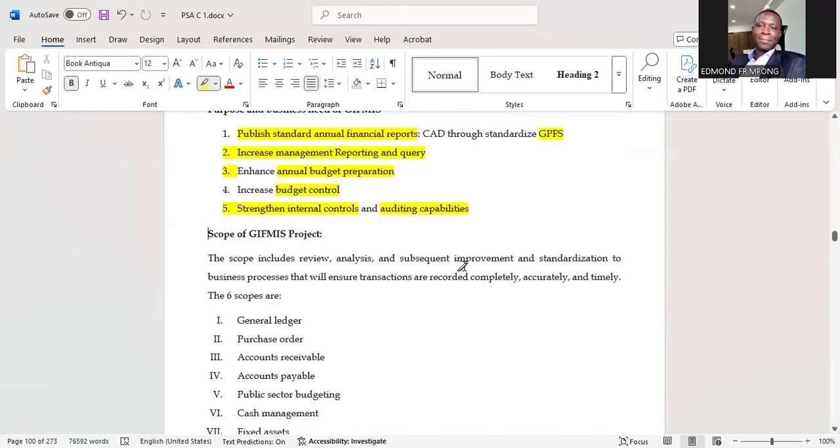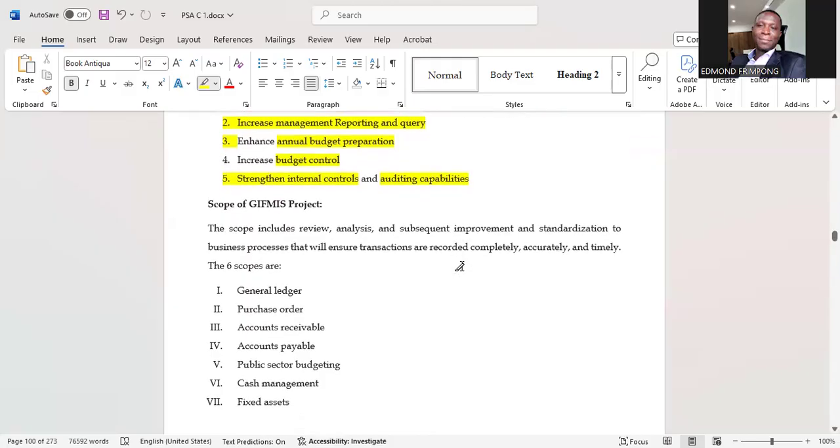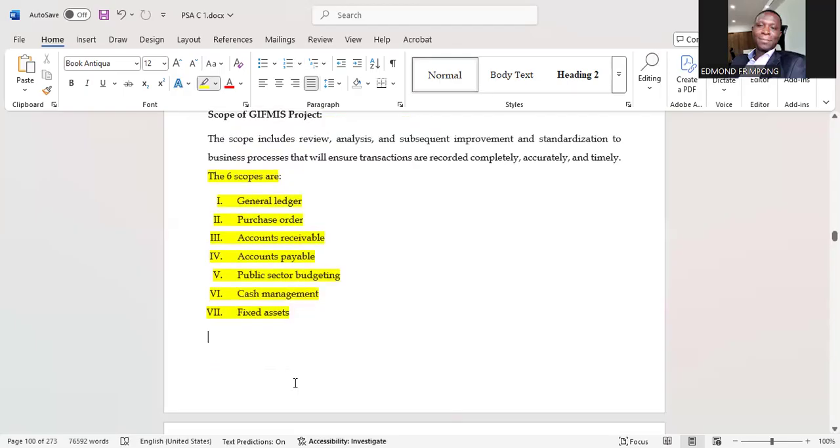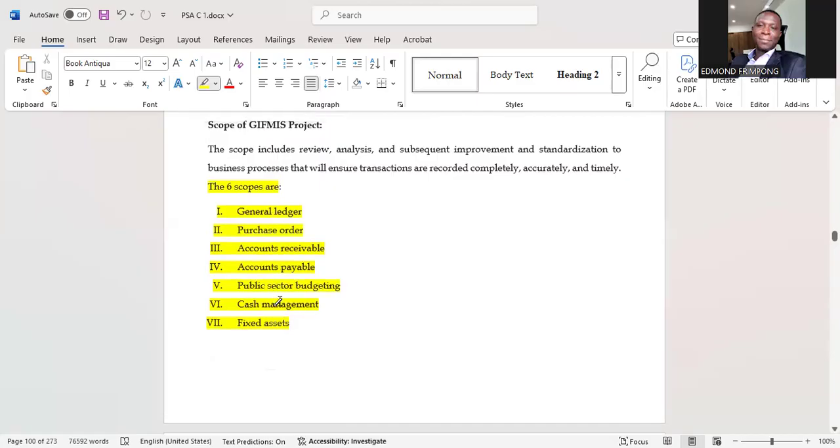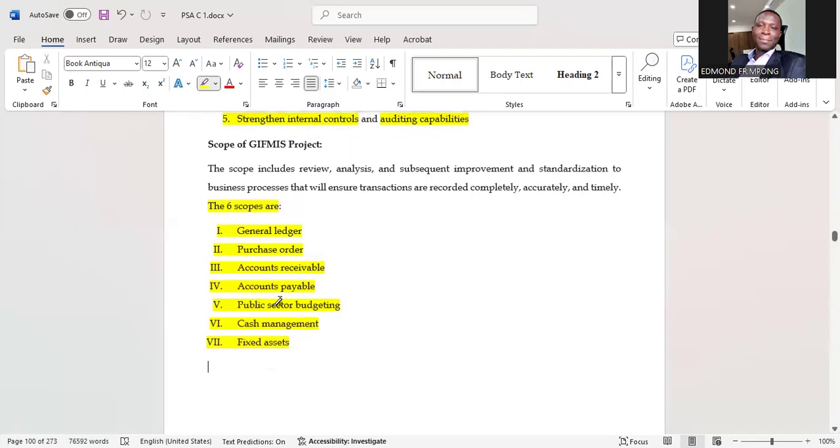What are the main scope of GIFMIS projects? Now, GIFMIS has 6 scopes. The scope has to do with general ledger, purchase order, accounts receivable, accounts payable, public sector budgeting, cash management, and fixed assets. So you see, all these scopes are the things that the GIFMIS project covers.